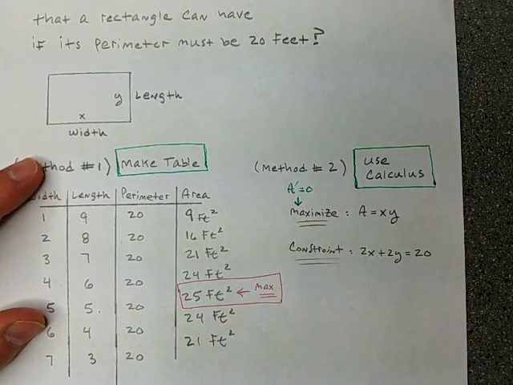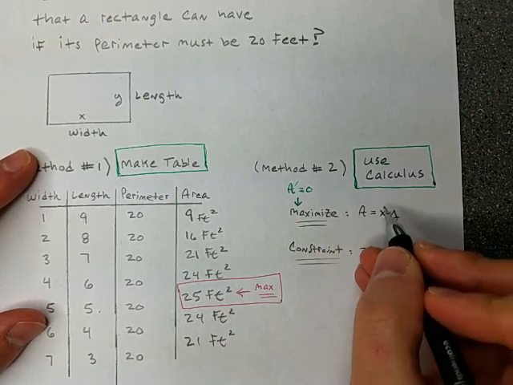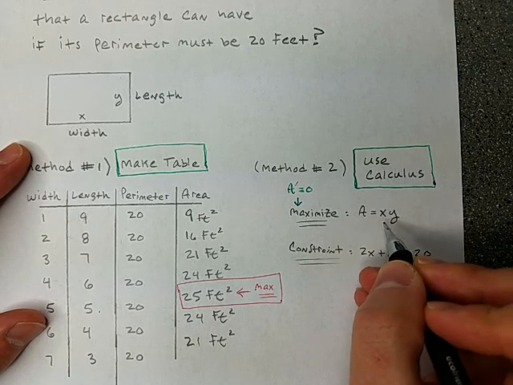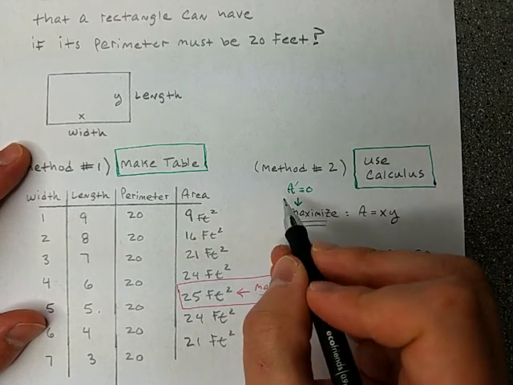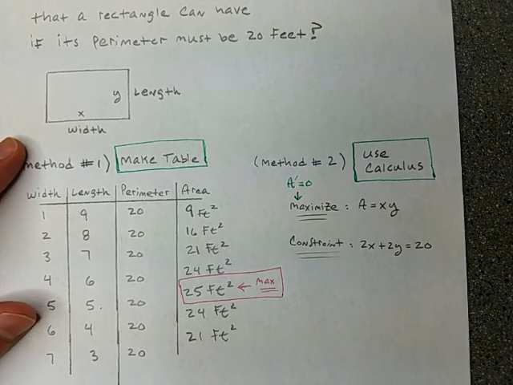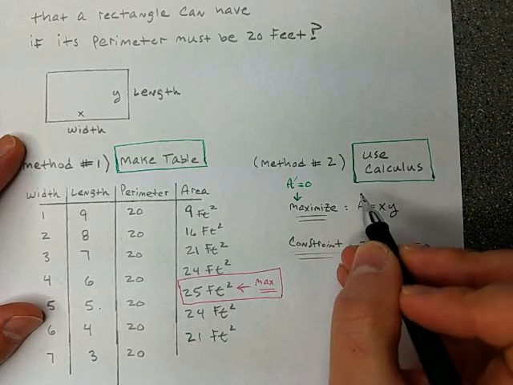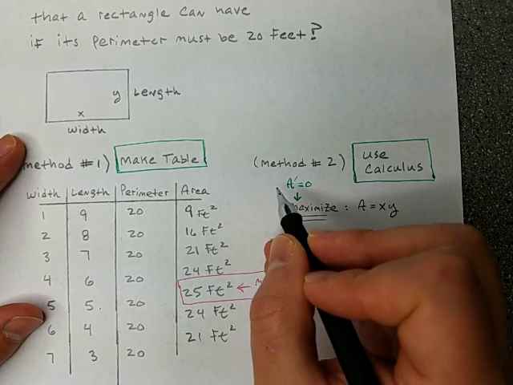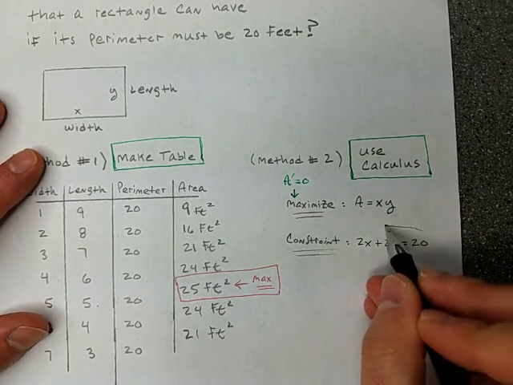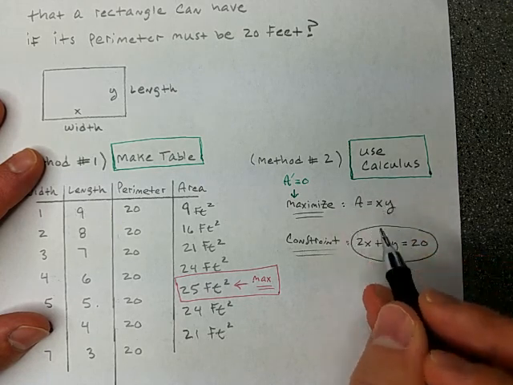So I need to put this thing I'm trying to maximize into some single variable function. Over here I have two variables, x and y. I need it to just have one. And then if I found the derivative of it and set it equal to 0, it would take me to my answer. So we use the constraint in there to reduce it to one variable. Then we find the derivative and we set it equal to 0. That's the procedure.